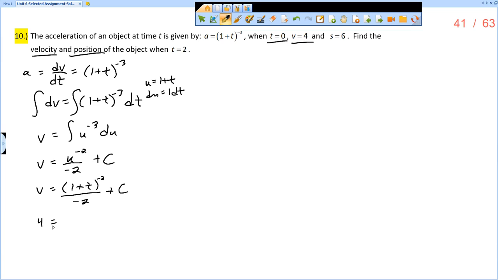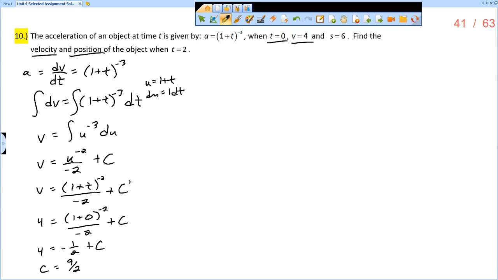So 4 equals (1 plus 0) to the negative second over negative 2 plus c. I get 4 equals 1 to the negative second, that's just 1, so this is negative 1 half plus c. If I add 1 half, c is equal to 4 plus a half, so that'd be 4.5 or 9 halves. So c is 9 halves.